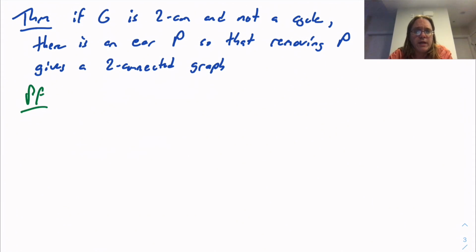So here's the idea. I'm going to start with my graph G. What do I know? I know it's two connected and not a cycle. Well, what I'm going to be doing is choosing a subgraph so that that subgraph itself is two connected and not the whole graph. And in fact, I'm going to choose a maximal subgraph.